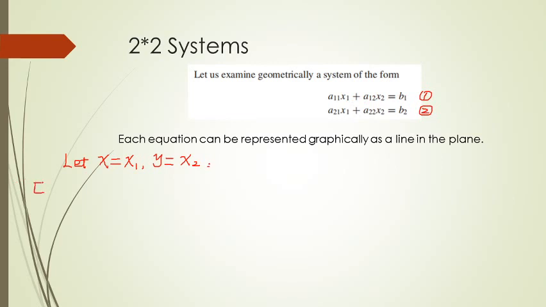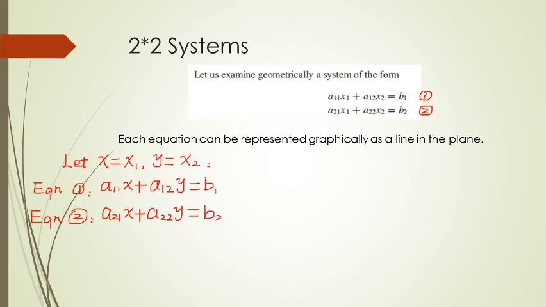Equation 1 becomes A11x plus A12y equals B1. I just use a different letter. Then equation 2, I can write A21x plus A22y equals B2 in this way, right?